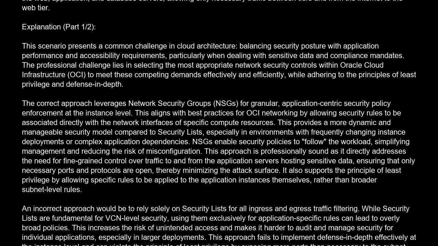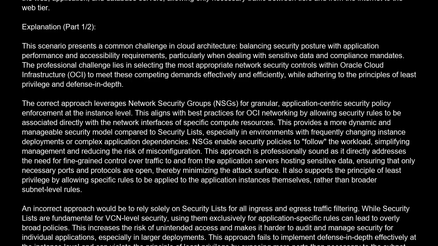The professional challenge lies in selecting the most appropriate network security controls within Oracle Cloud Infrastructure, OCI, to meet these competing demands effectively and efficiently, while adhering to the principles of least privilege and defense in depth. The correct approach leverages network security groups, NSG, for granular, application-centric security policy enforcement at the instance level.